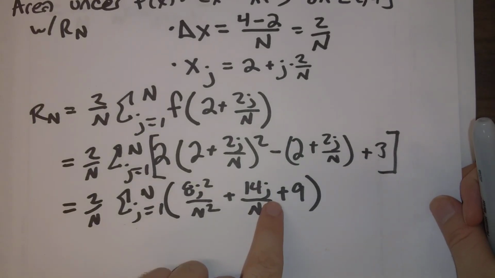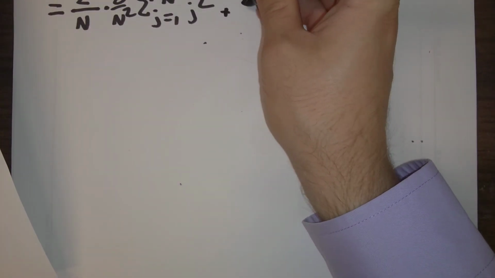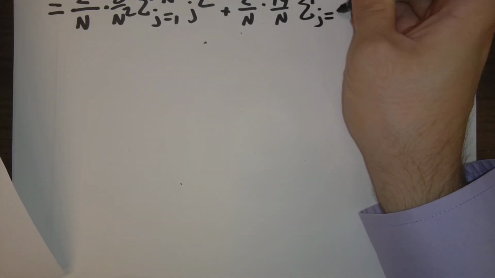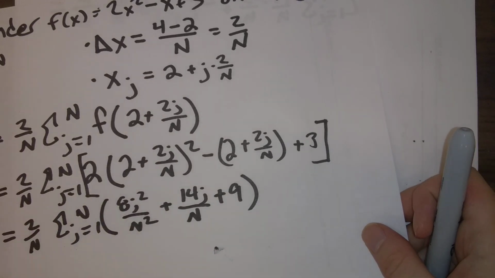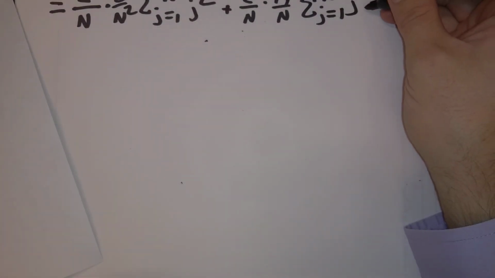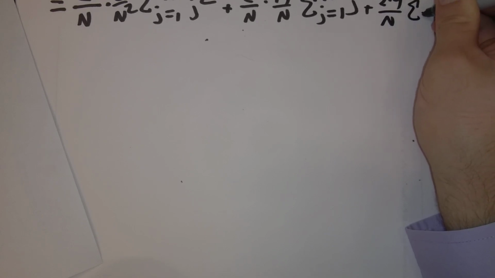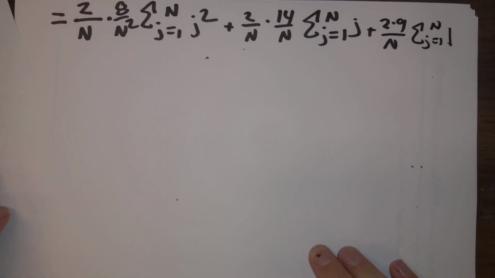Now I'll have the sum over j and move out 14 over n: 2 over n times 14 over n times the sum j from 1 to n of j. And then we just have a sum of 9, so we can move that outside: 2 times 9 over n times the sum j from 1 to n of 1.